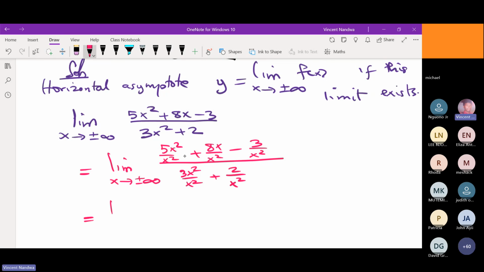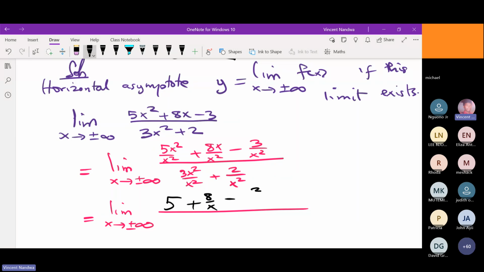And this will give us the limit as x approaches plus or minus infinity. Now 5x squared over x squared is 5. 8x over x squared is 8 over x.